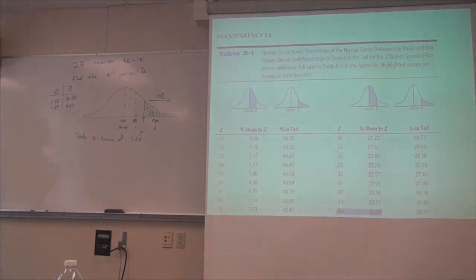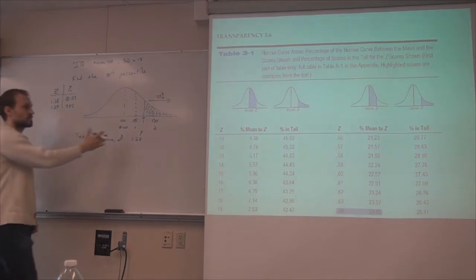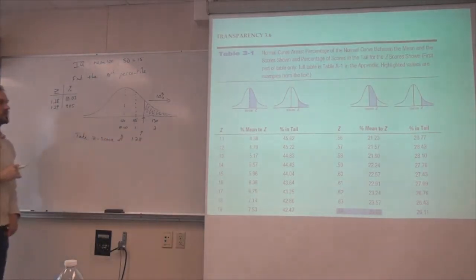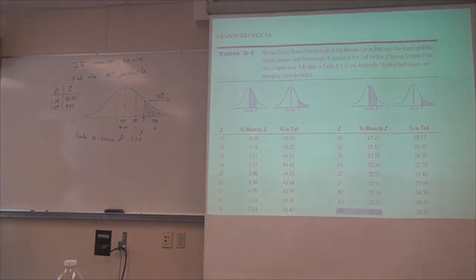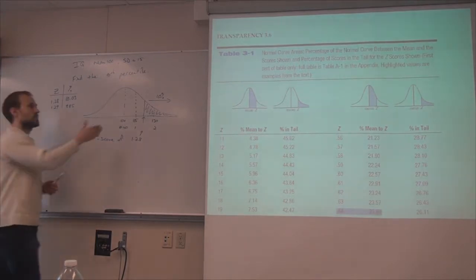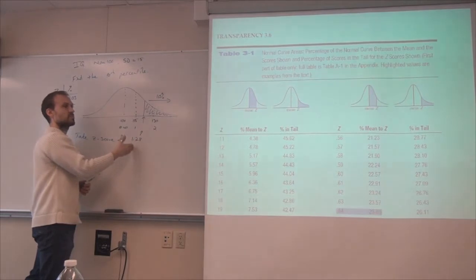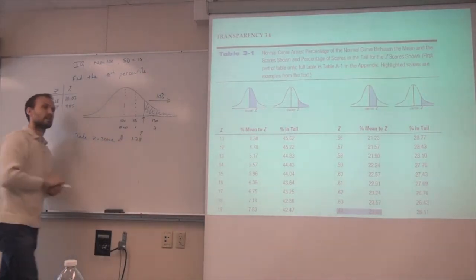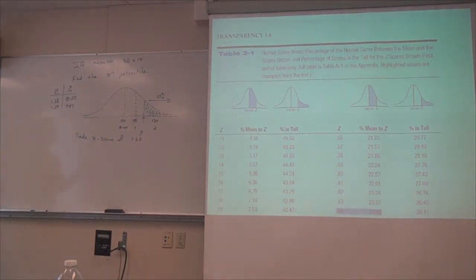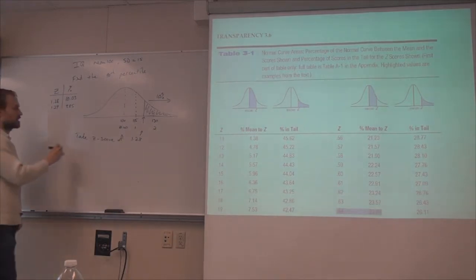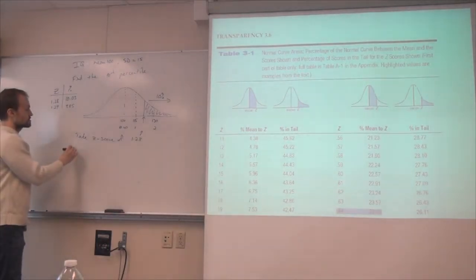So this will be 1.28, which fits with what I expected. I expect to get something between 1 and 2. You could have argued further to say, oh, 10% puts me a little closer to the 1 than to the 2, so I'm expecting to be a little closer to 1 than to 2, and that lines up as well. Now I want to find the corresponding IQ score.